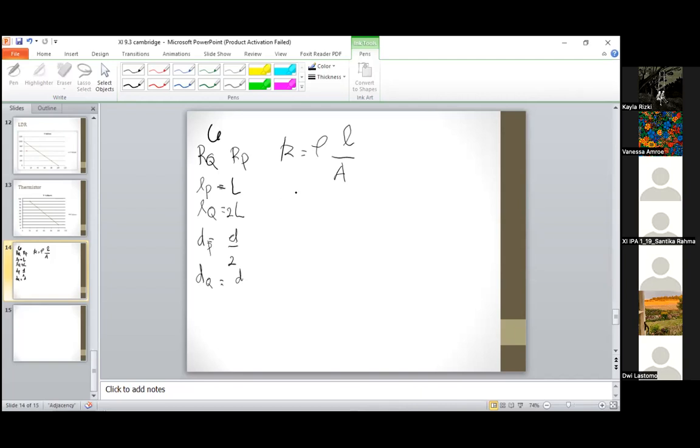Okay, compare RQ to RP. Because the material is the same, rho Q equals rho P. So we can use RP, LP per AP, equals RQ, LQ per AQ.